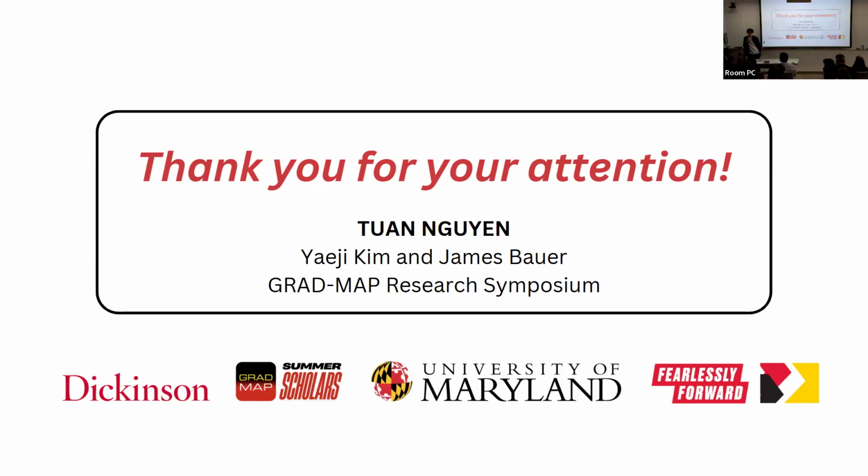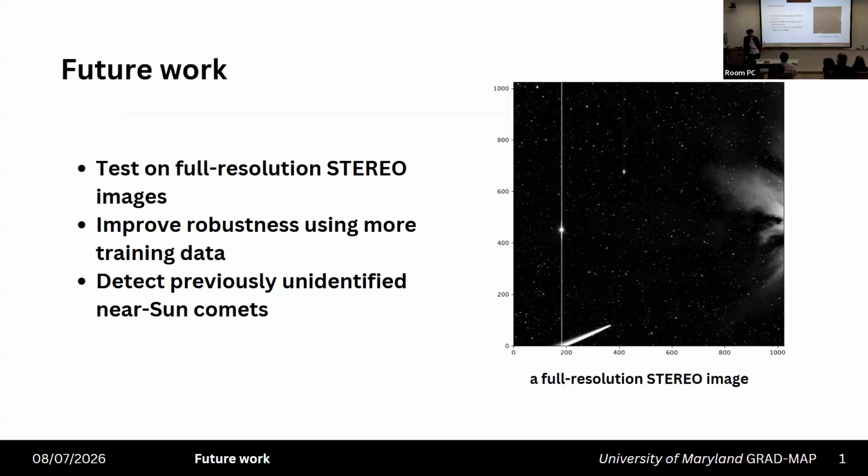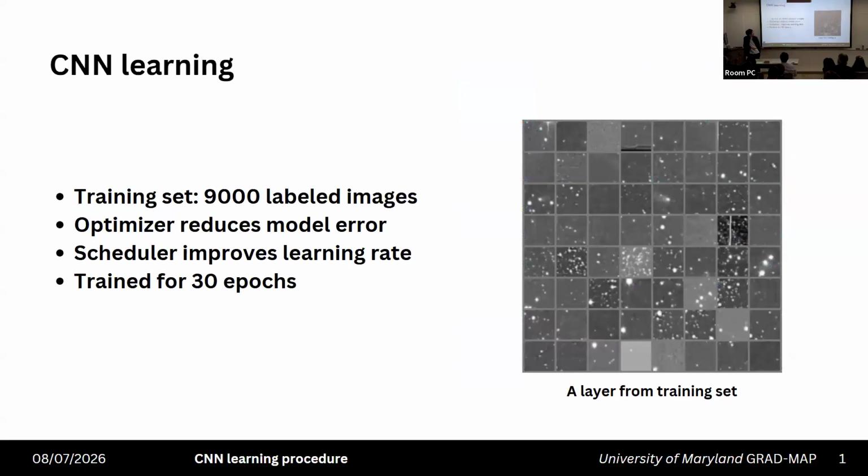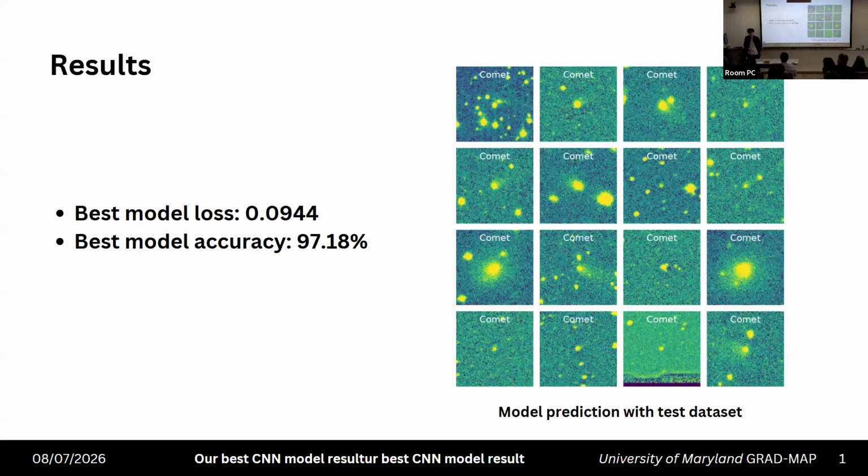So I think so. Can you go back to your slide where it showed the images, the one beside that? Yeah, this one. Yeah, that one. You see how the system said that all of those are comets.